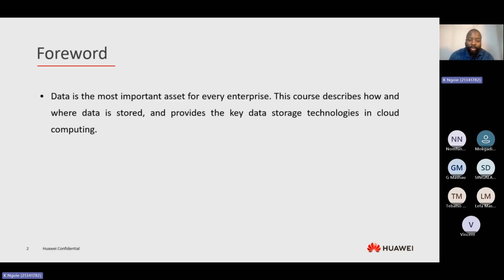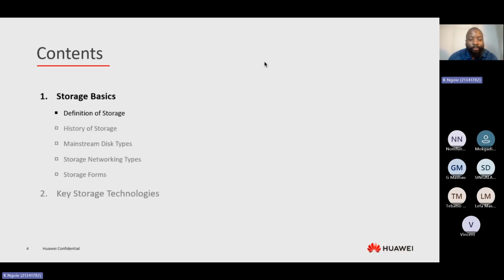You access your hard drive, but you have network attached storage, which is storage that you need to access through the internet. So that is about the definition of storage, right?